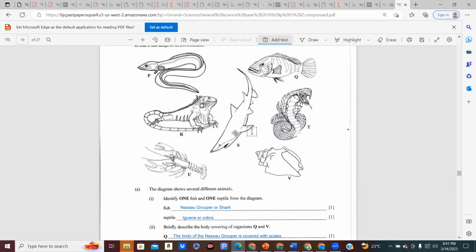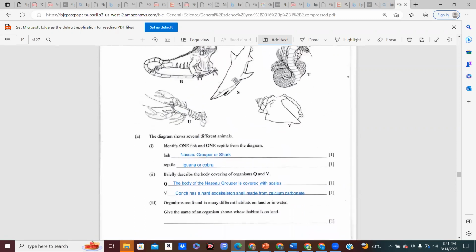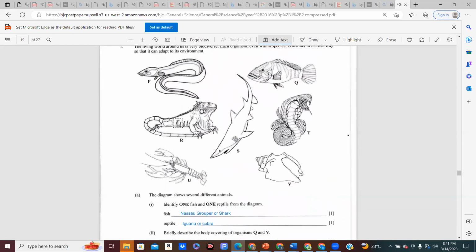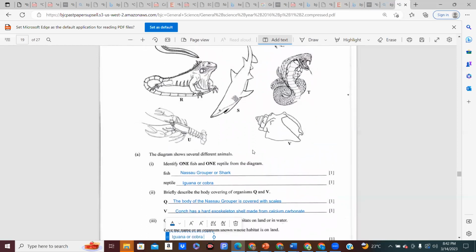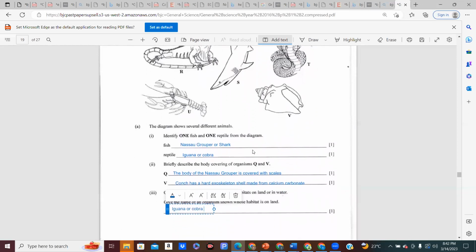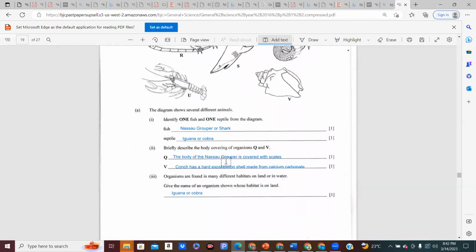The iguana, yes. Jennifer, give me another animal that would live on land besides the iguana. The cobra, very good. So the iguana or the cobra would live on land. They are land creatures.